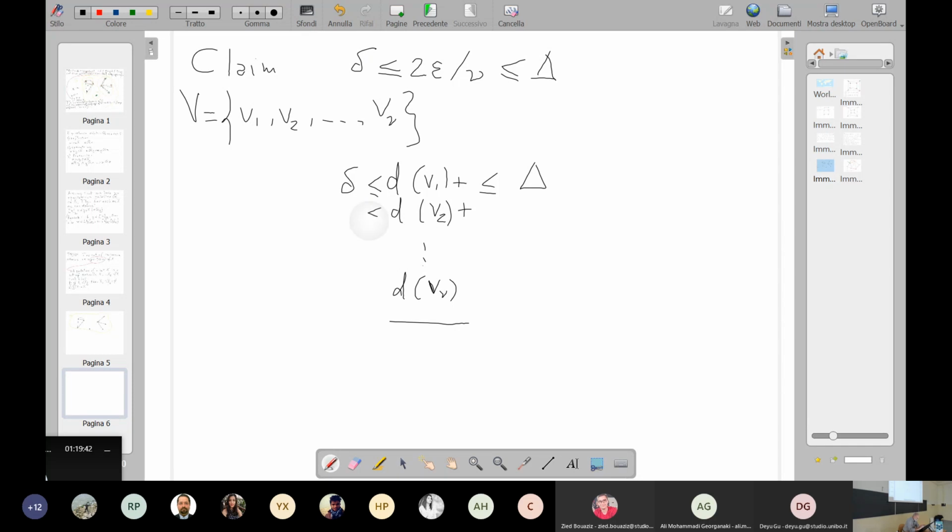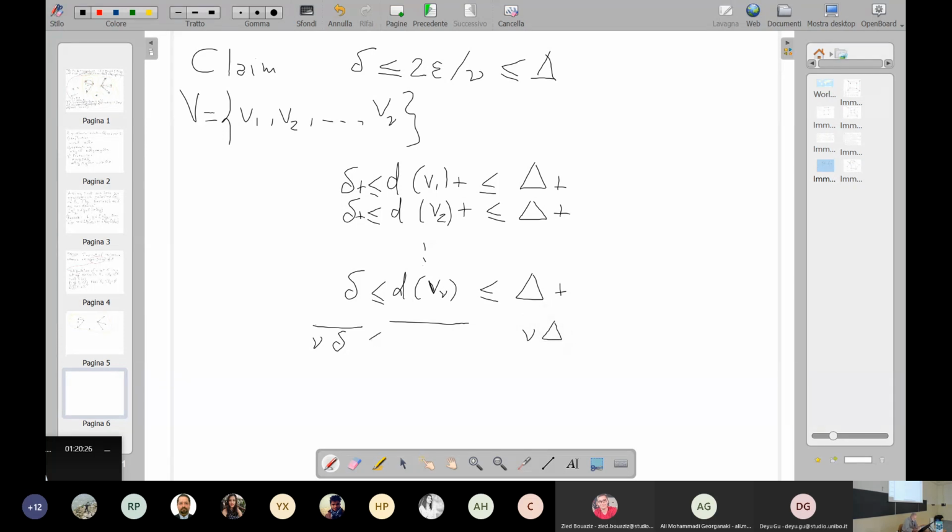And I can say the same thing about the degree of V2, and up to the degree of Vn. Now if I sum these, how many do I have? On the left-hand side I have n times small delta, and here you have n times capital delta.